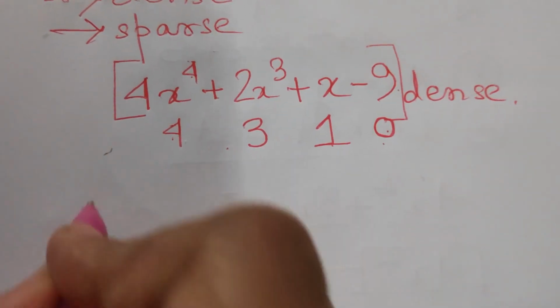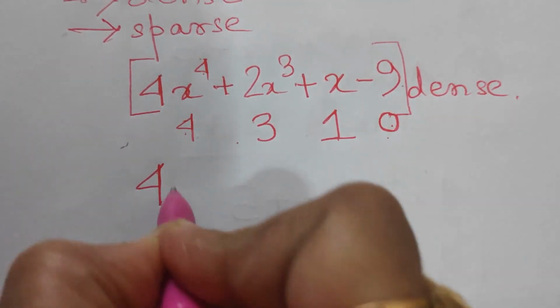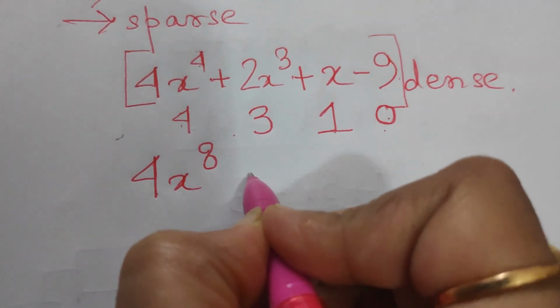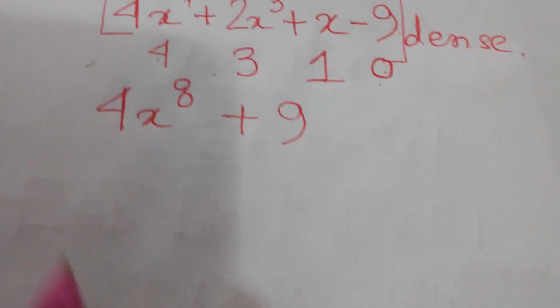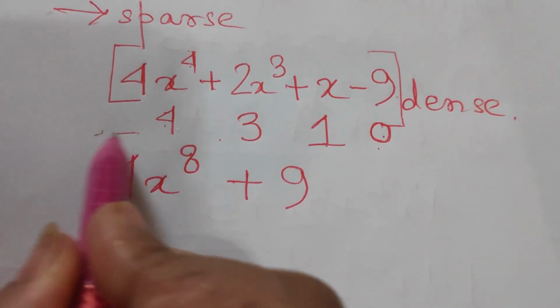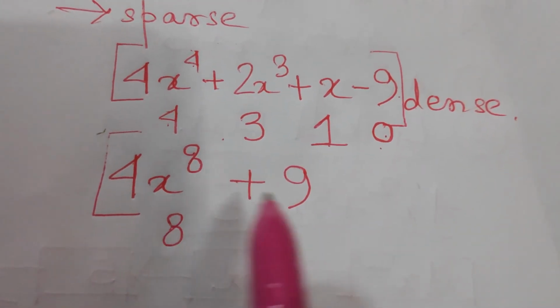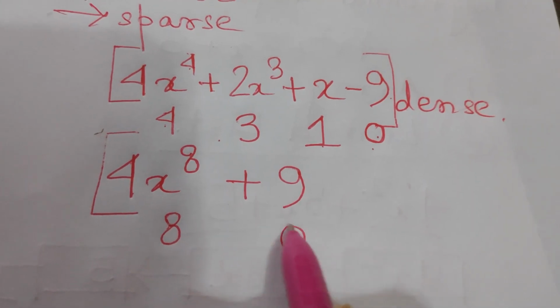Now suppose a polynomial is like this. In this case, the highest exponent is 8 and the lowest exponent is 0.